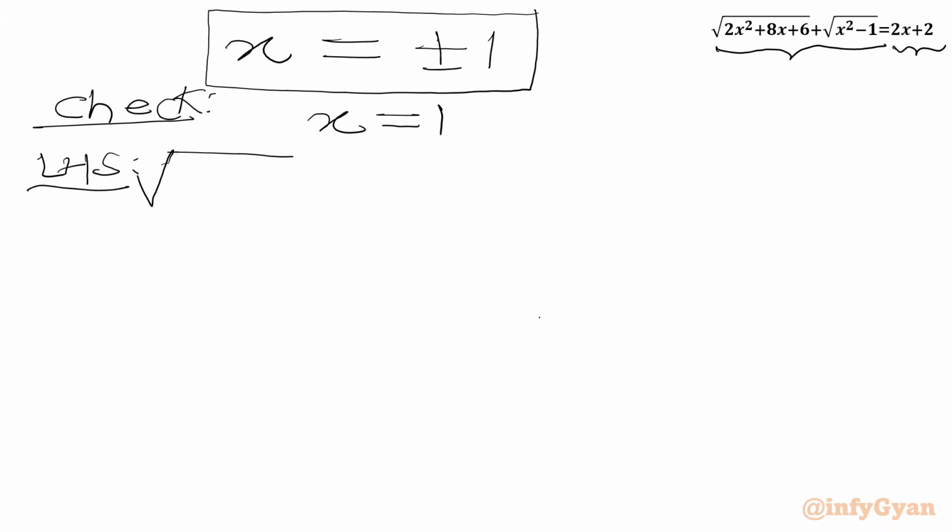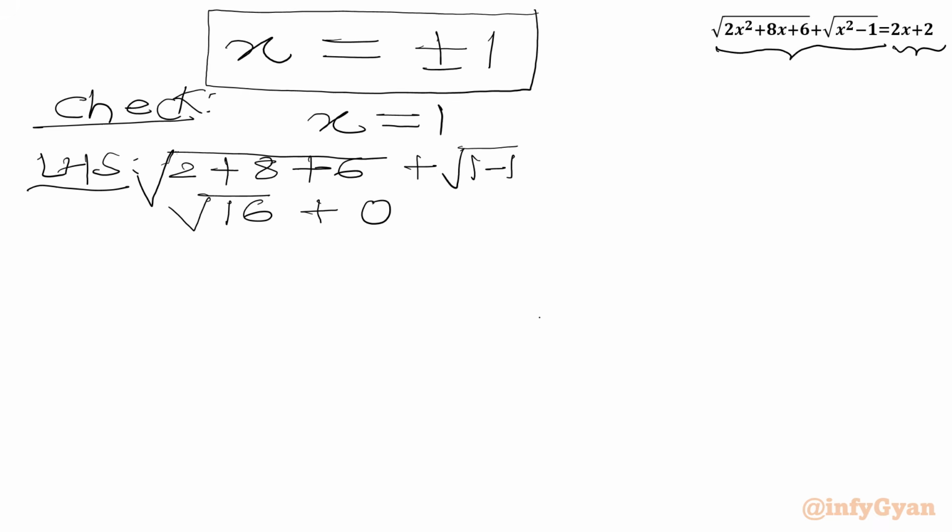We will write square root of 2 times 1 square is 2, 8 times 1 is 8, plus 6, plus square root of 1 square is 1, minus 1. We will get square root of 16 plus 0. Square root 16 is 4 plus 0. LHS will be 4.